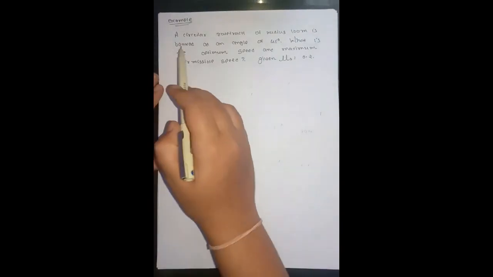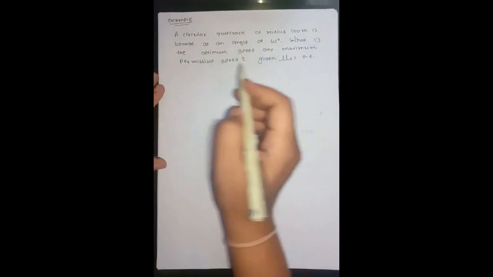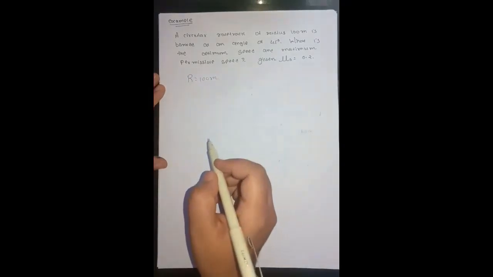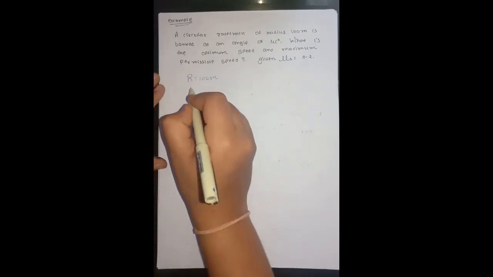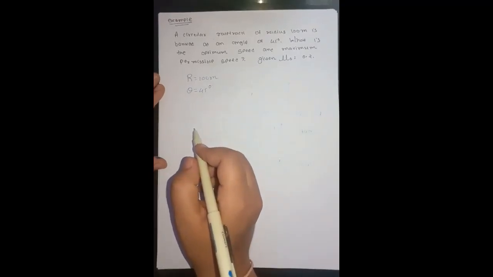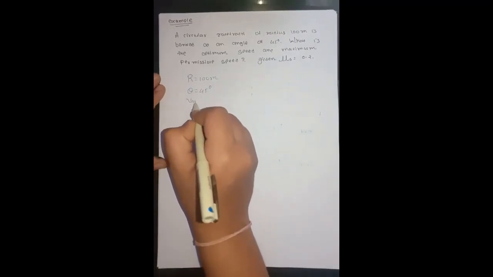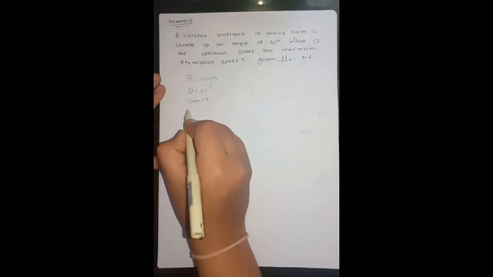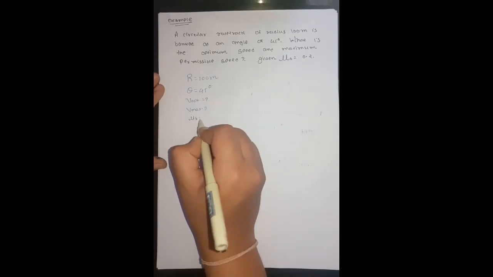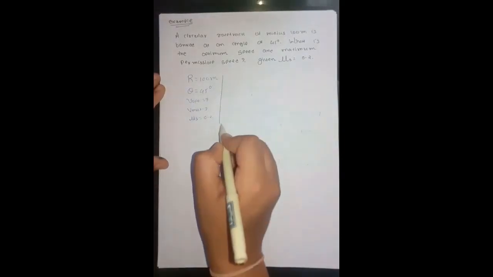Now let us see one example on banked circular road. A circular racetrack of radius 100 meter, that is r is equal to 100 meter, is banked at an angle of 45 degree. We want to find the optimum speed and the maximum permissible speed, given mu s is equal to 0.2.